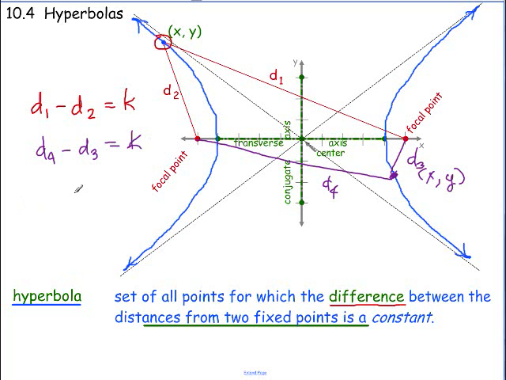So we could say that D1 minus D2 is equal to D4 minus D3, and I could go on for the rest of my life finding points here. But you don't have the rest of your life to spend watching me do that.